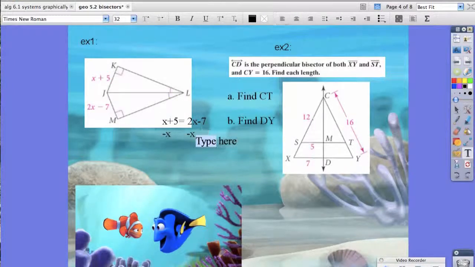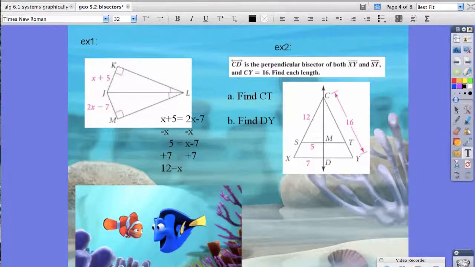We would have 5 equals x minus 7. Then we're going to add 7 to both sides. 12 equals x. Therefore, we've solved for x.